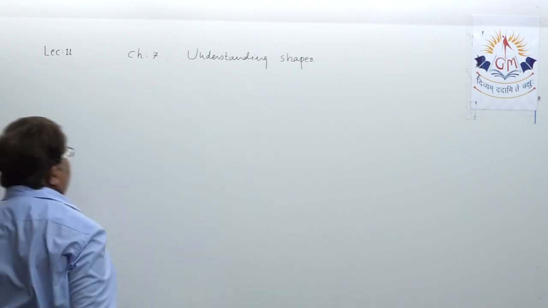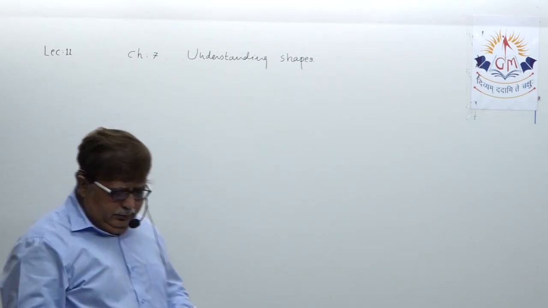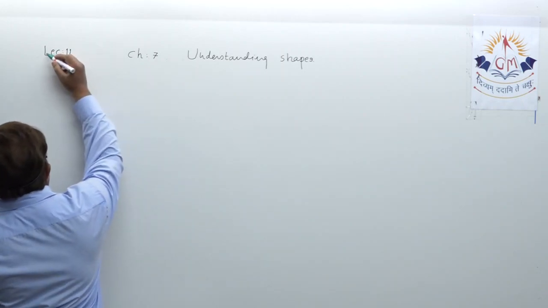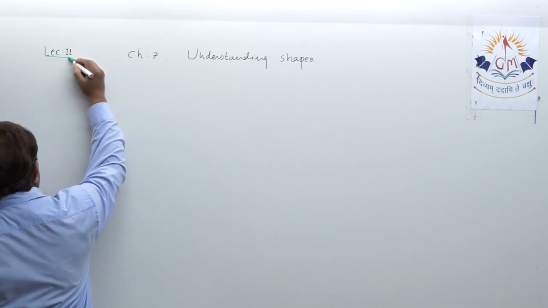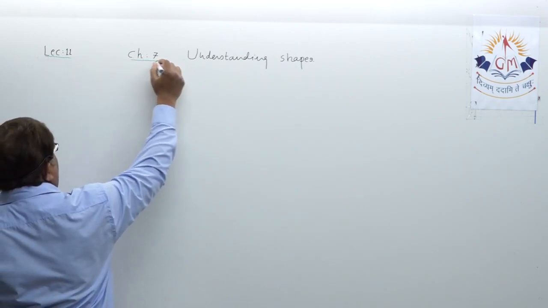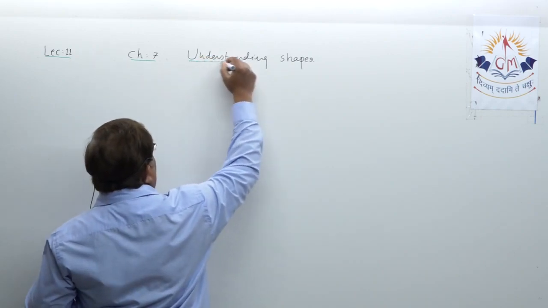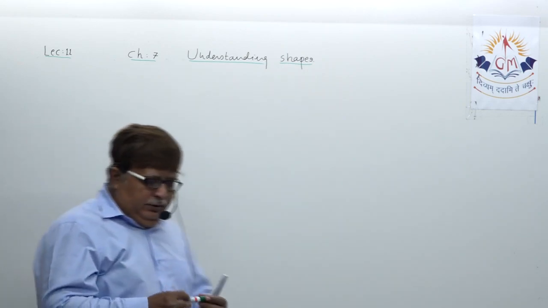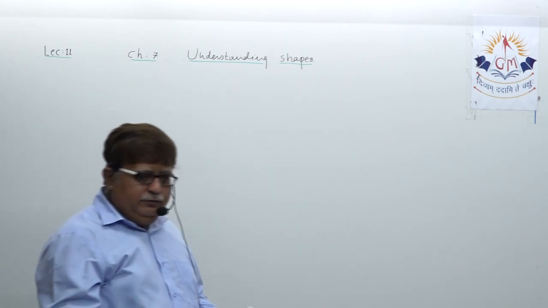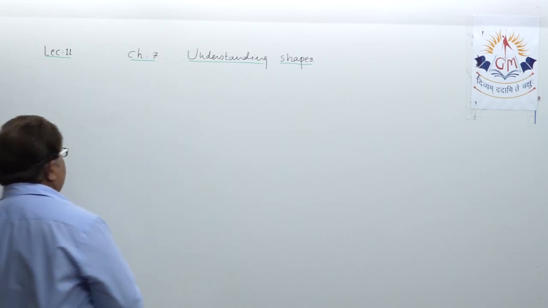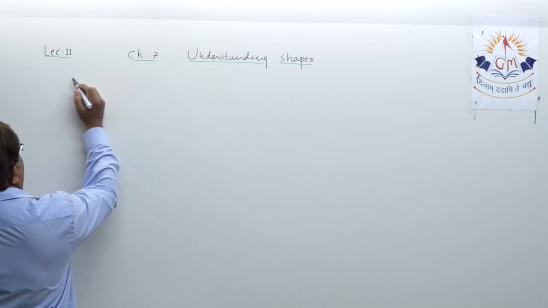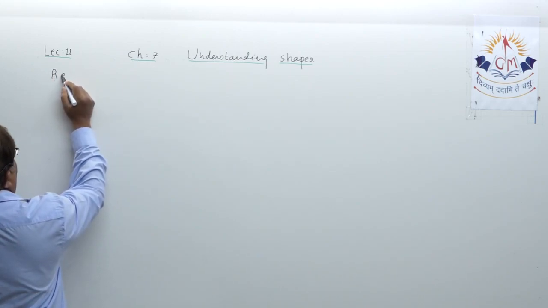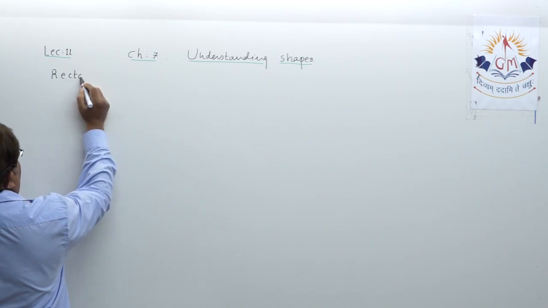Our target today is to study mainly only one quadrilateral, and that quadrilateral is a rectangle. We are going to discuss in detail about a rectangle.